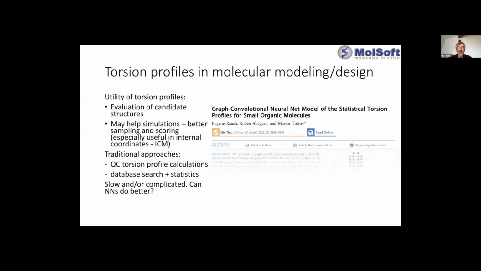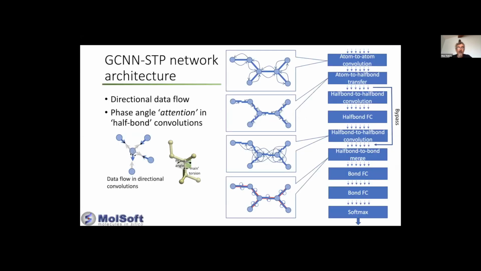So you really do want to know how a torsion in an arbitrary organic molecule might behave, that could help us with sampling and scoring, etc. So we worked on that for quite a while, and eventually published a paper a few months ago on a convolutional neural net model for torsion profiles. The way we went about it was to construct this pretty sophisticated network architecture. It took a few iterations to arrive at this structure of the network.